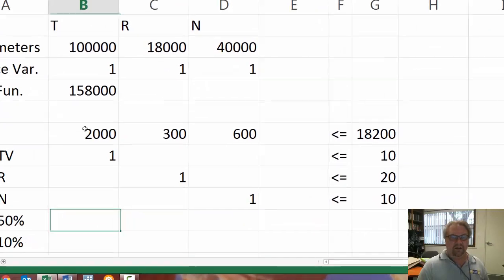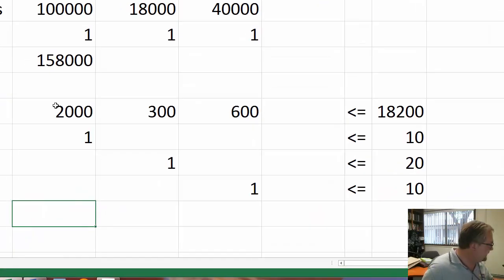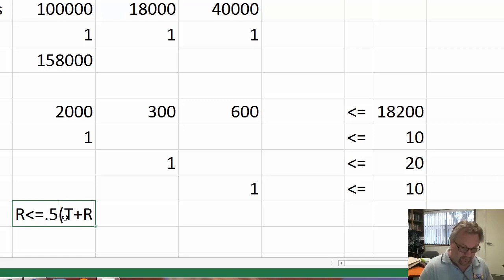Then I have two more constraints. If you read the two sentences below the table, radio must not exceed 50% of the total. So radio has to be less than or equal to 0.5 times television plus radio plus newspaper.